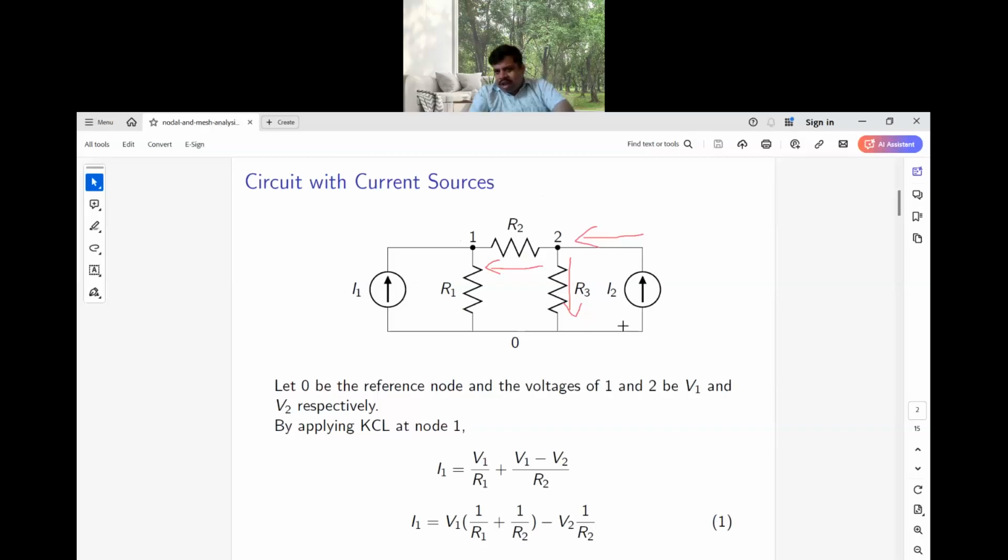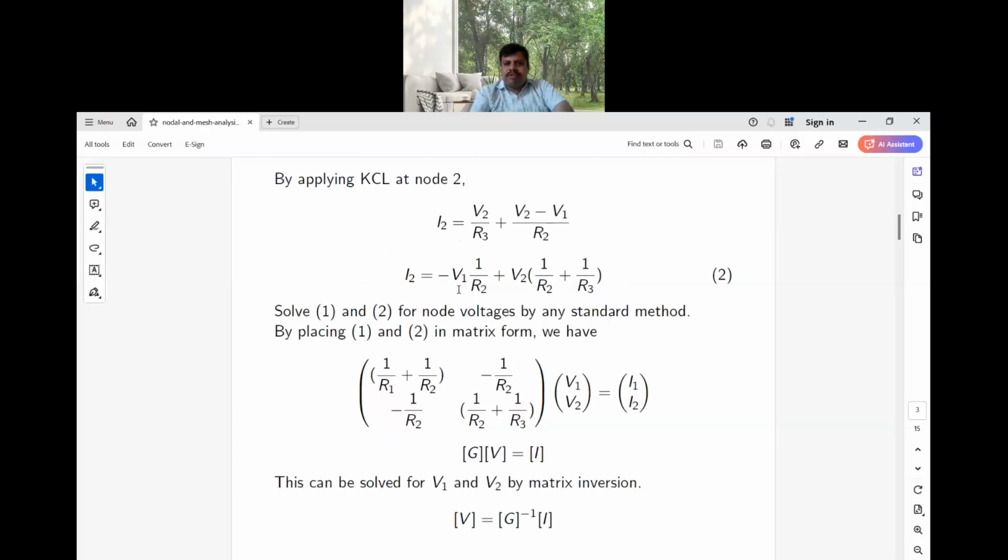According to this diagram, the I2 current must equal the current flowing through R2 as well as R3. In equation form, I2 equals V2 by R3 plus V2 minus V1 by R2.